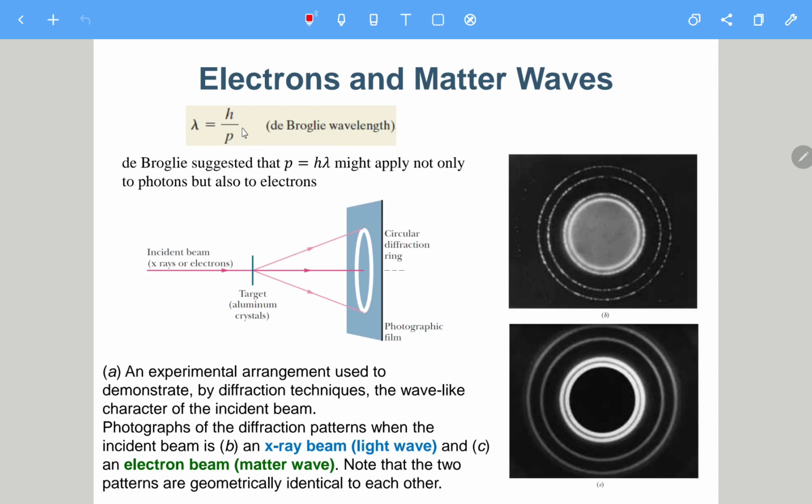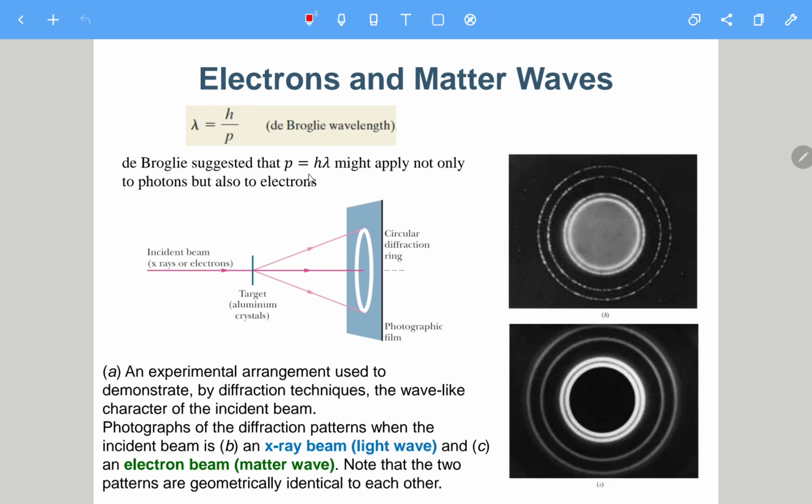Einstein proposed that only for the photon, but later on de Broglie, I'm not sure whether I pronounce it correctly, in his PhD thesis proposed that all matter should also satisfy this equation.